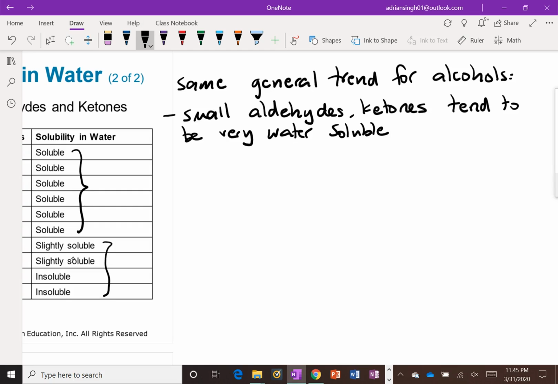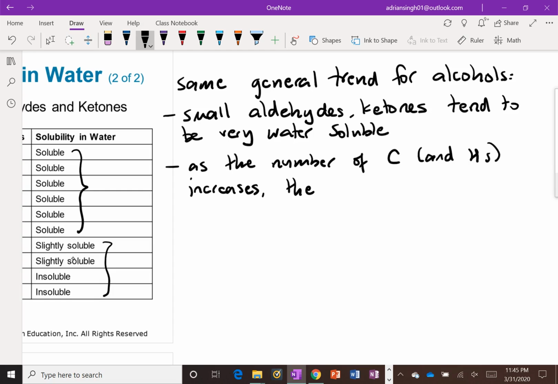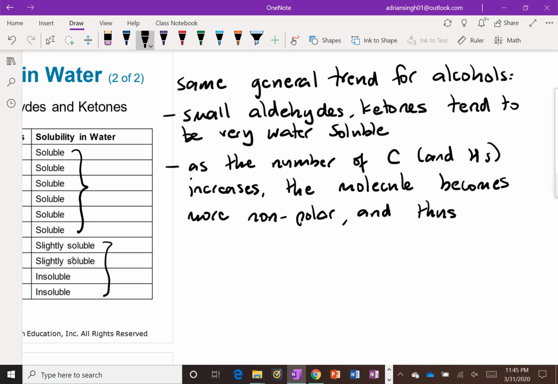Right, because they do contain that very polar carbonyl. As the number of carbons and correspondingly H's increases, the molecule becomes more nonpolar, and thus less soluble in water.